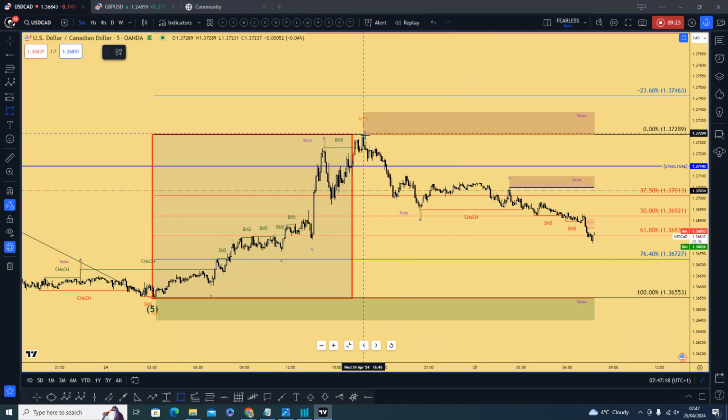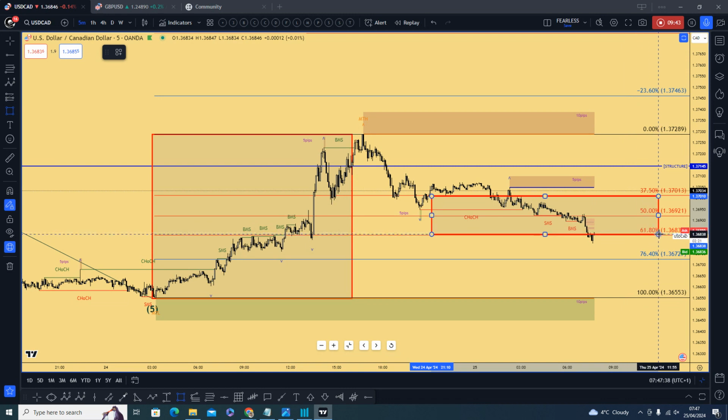Okay, the idea is to find 3 waves down. Okay, we've seen one followed by pullback. We've seen one, another one, and we've seen, honestly, it's not the ideal one, but you can't have them perfect all the time.